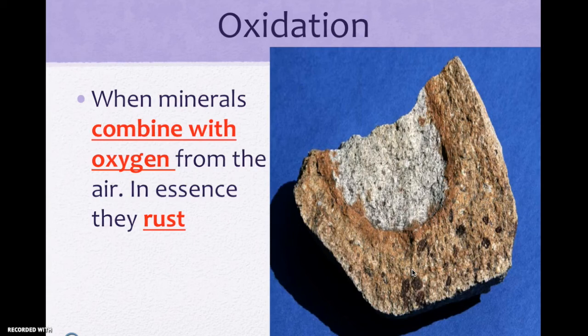But it also combines with the minerals in the rocks. In essence, the rocks rust and then can flake off. So that's what happened here. You can see this is what the rock looked like before exposure to the oxygen, and this is it after, and it just flaked off from the surface here.